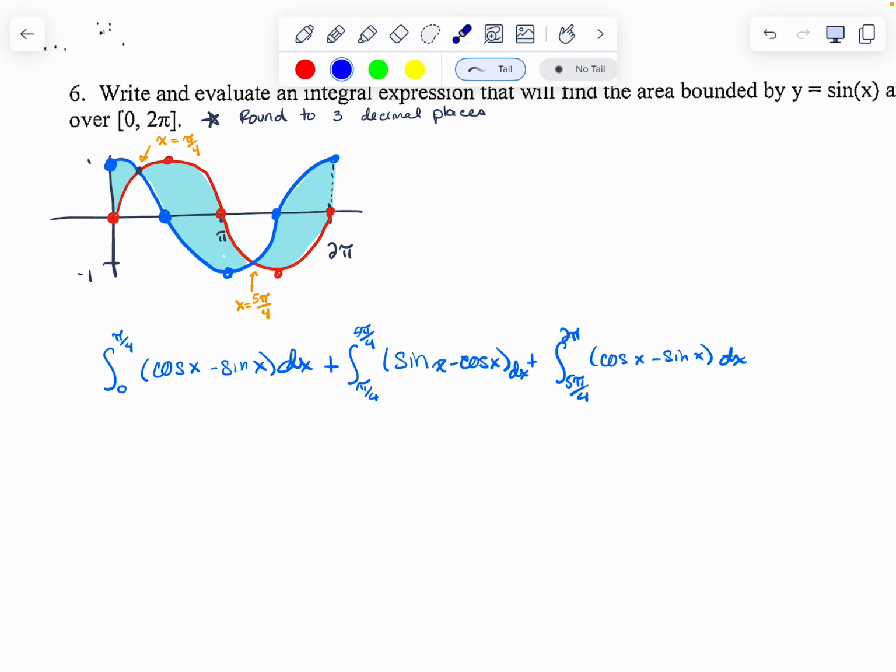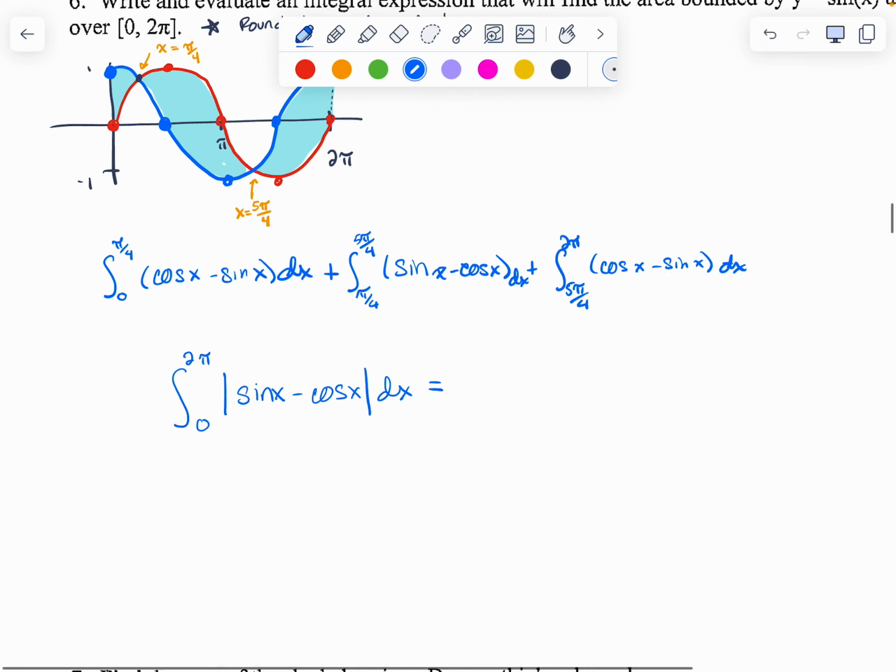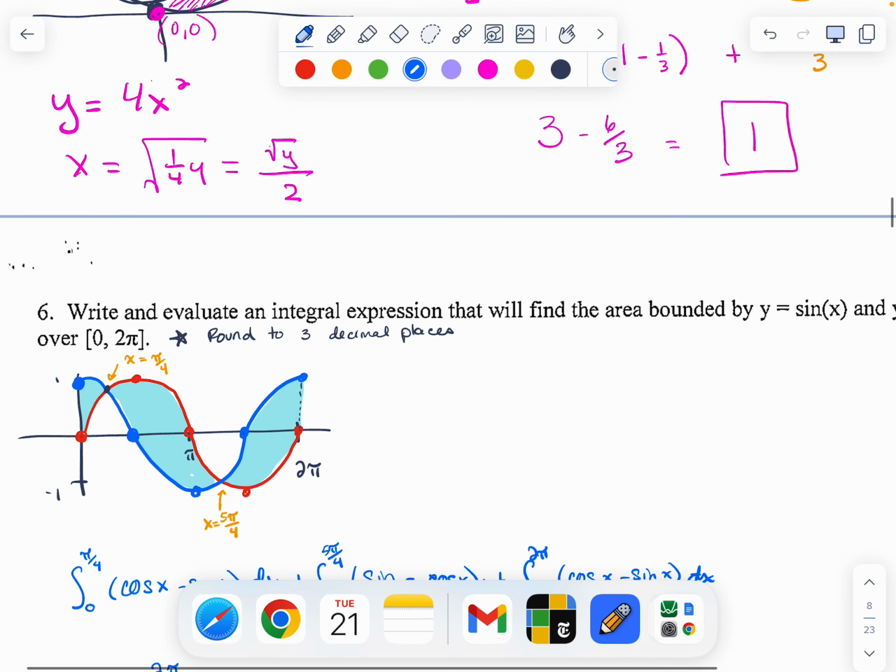One's negative and one's positive, right? So the alternate way to think about this is we could take the integral from 0 to 2 pi of the absolute value of sine x minus cosine x dx. And that's what I'm going to put into Desmos. So grab Desmos.